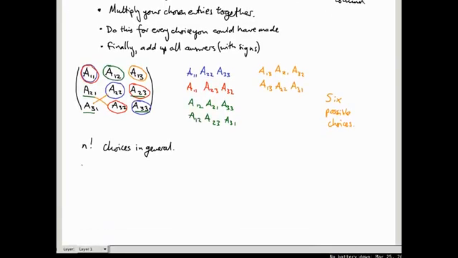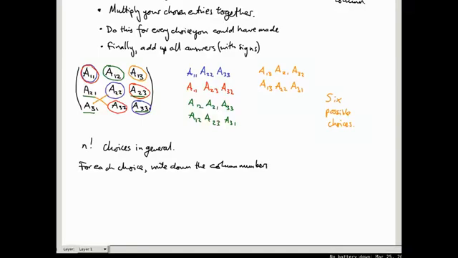So for each choice, write down the column numbers in the order you picked in the rows.